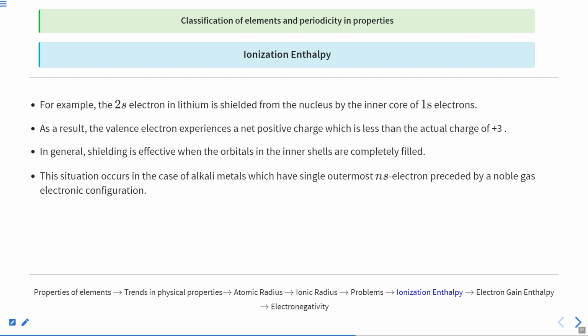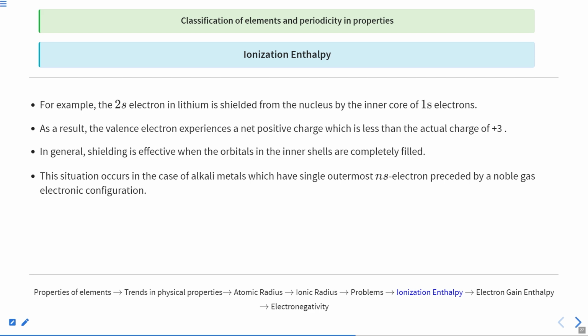Suppose you're standing in front of a sea wave, and between you and the sea wave there is a wall whose height is, suppose, half the height of the sea tide. Whenever that sea tide comes, you will experience a decrease in its force because that wall is shielding you from it. In this way you can understand that the electron is being shielded by the inner core electron. Clear?